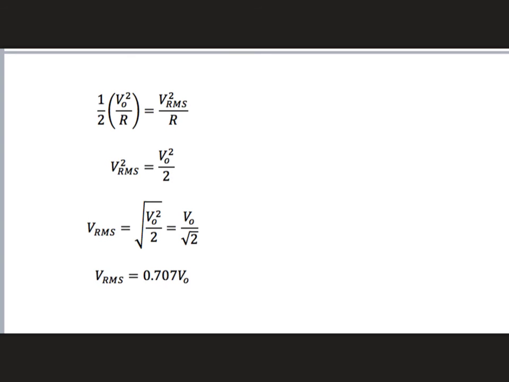So all the formulas that you know from analyzing DC circuits, they can be applied using the root mean square values in alternating current circuits.